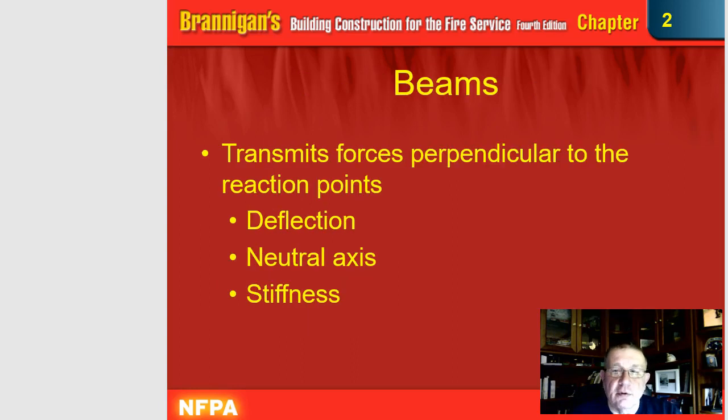A good example: next time you go to an open concept mall, when you see a large beam going across a span where there are 2 entranceways, the beam is sitting across an opening supported by 2 columns, one on each side of the wall. The big thing is you've got to look at the deflection of the beam, the neutral axis of the beam, and the stiffness. The stiffness is really important.